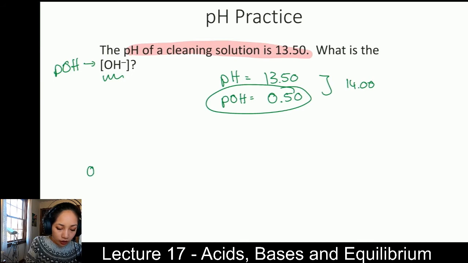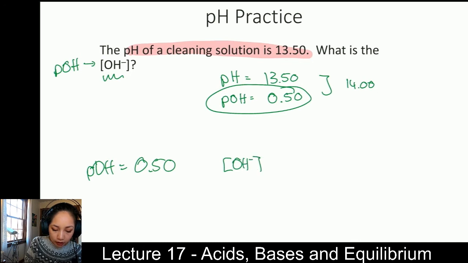So if pOH equals 0.50, that means hydroxide concentration is the antilog of pOH. So it's 10 to the negative pOH, and so 10 to the negative 0.50.